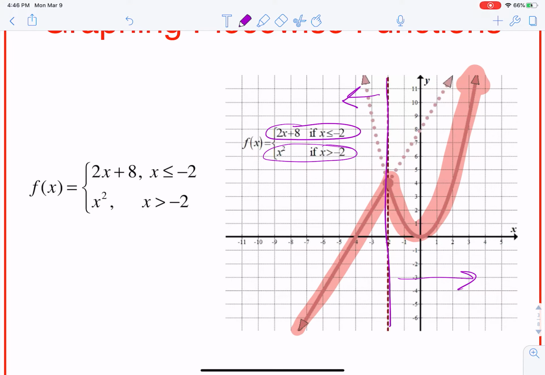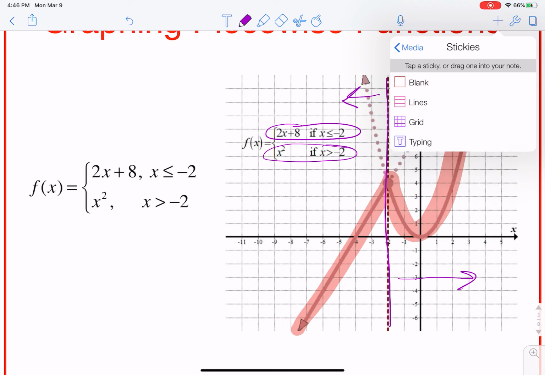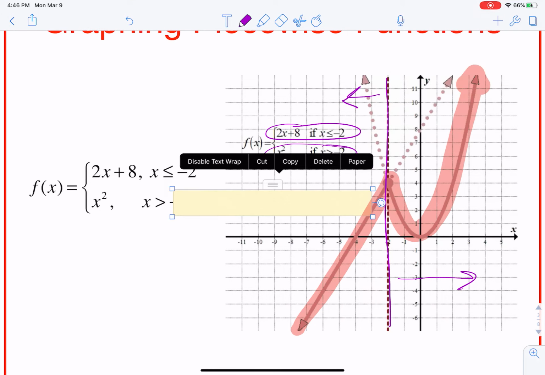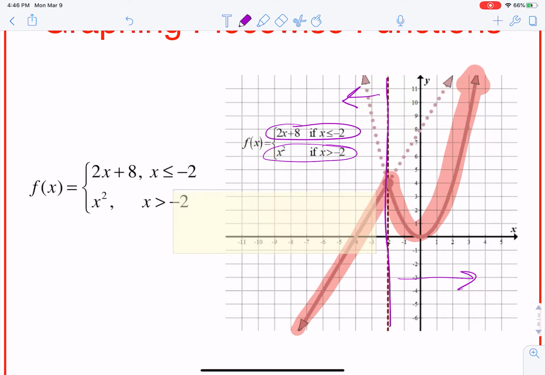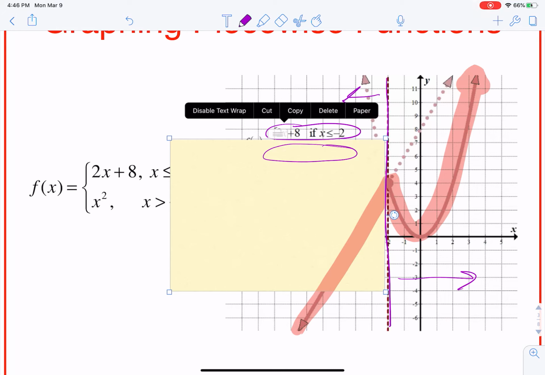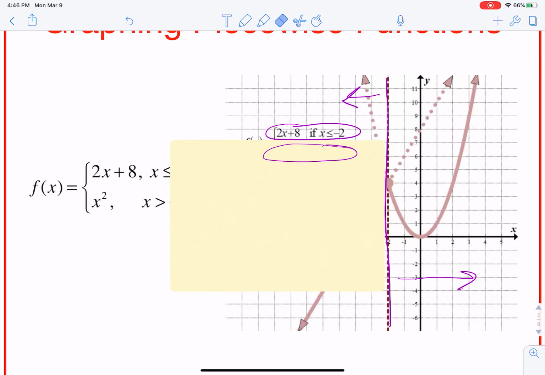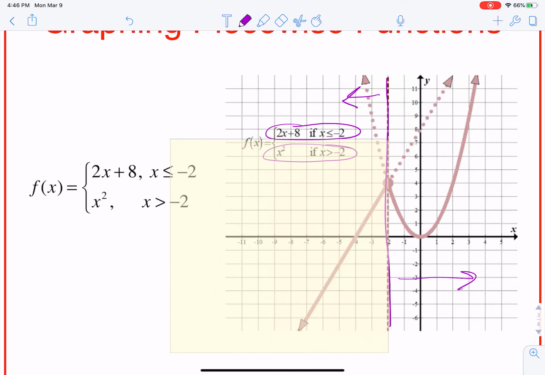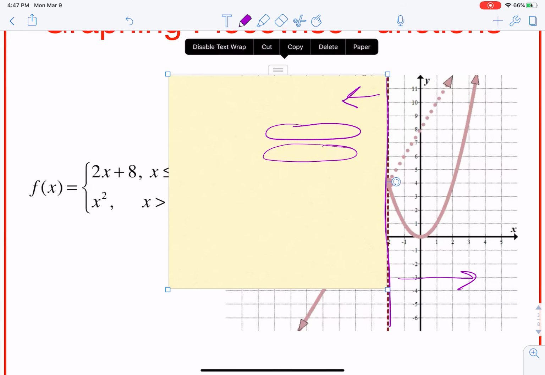And we can see that if I were to add in some kind of blank sticky here and cover this up, there we go. Let's get this how I'd like it to look for just a sec. Bear with me.